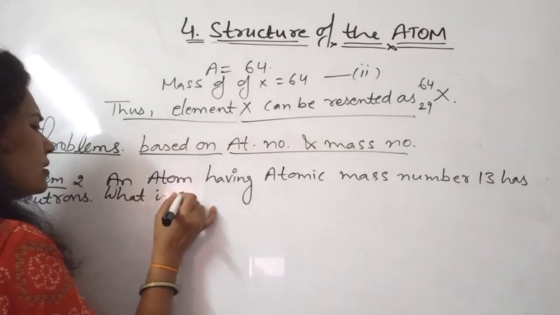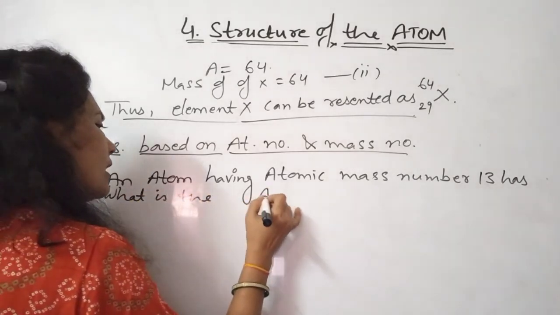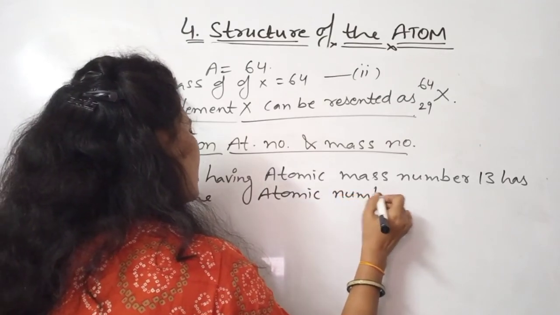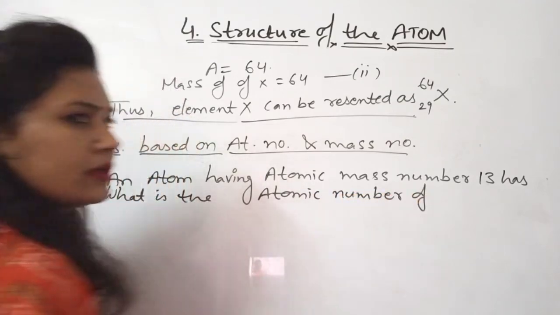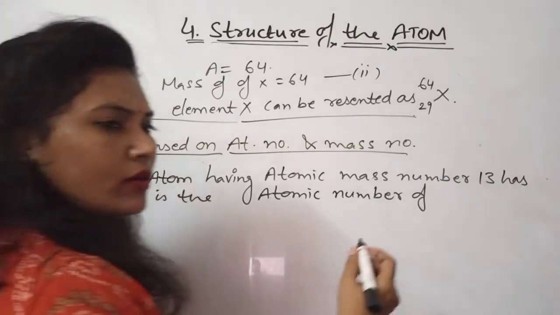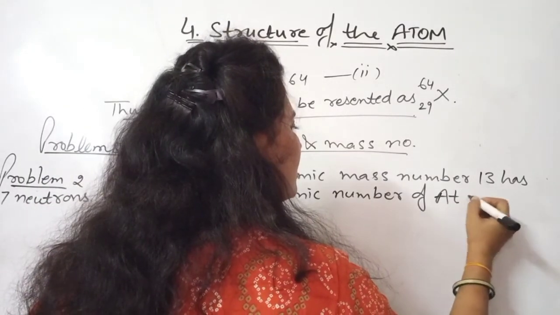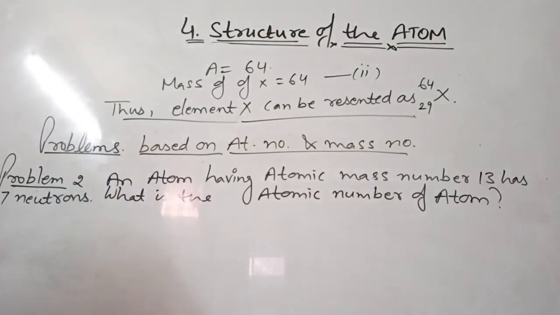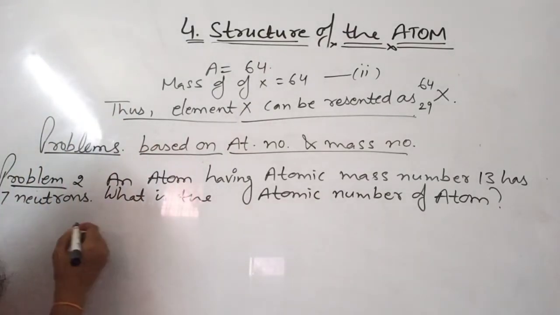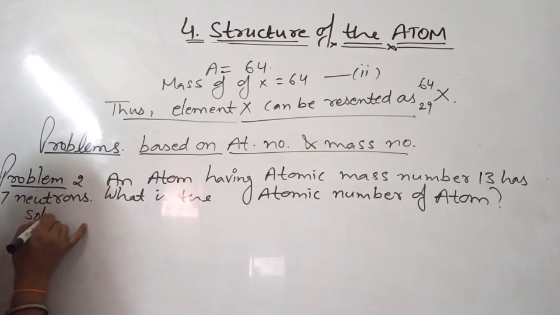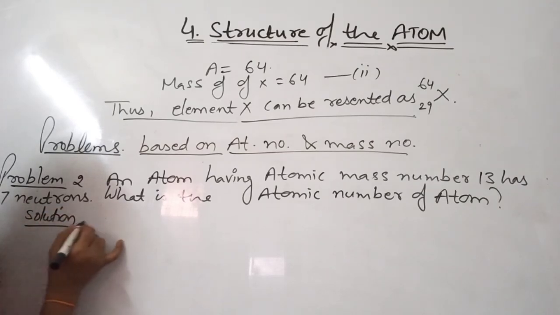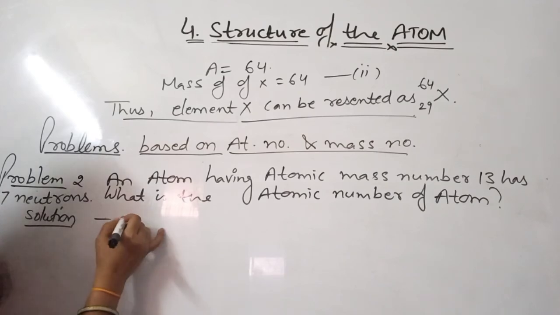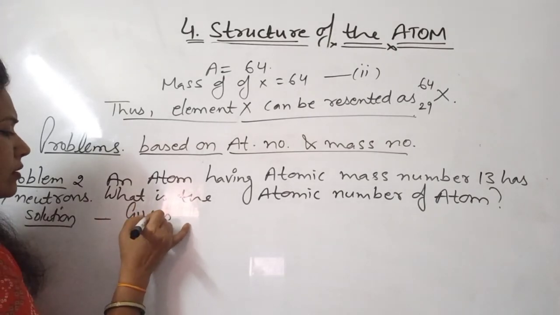What is the atomic number of the atom? We have to find out the atomic number. What is given? The mass number is given here. So we can write the solution. First write the given.